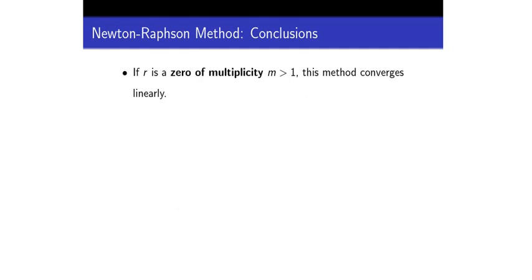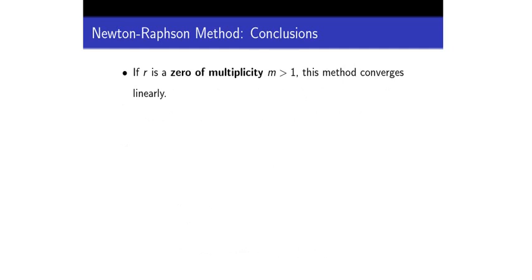Okay, so now this question is very interesting: if r is a 0 of multiplicity m greater than 1, means if r is a double root or a root 3 times, what can you tell about the convergence? Whether it still converges? Yes, it does. And then you have to show that it will converge linearly.